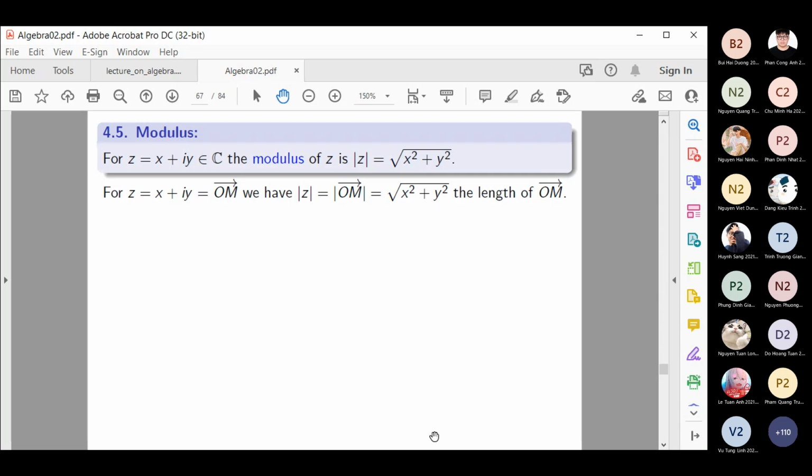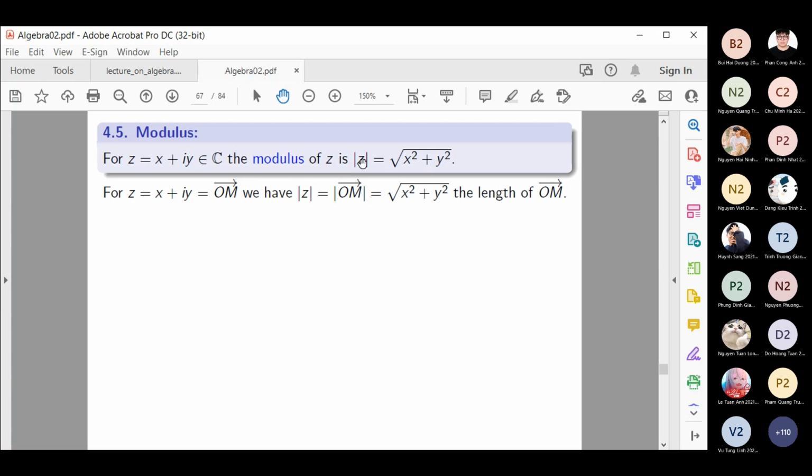It's better for you when I review a little bit what you already learned in high school. Actually, you have the modulus of this complex number, denoted by this absolute value, or now you read it as modulus. If z is a real number, it coincides with the absolute value.